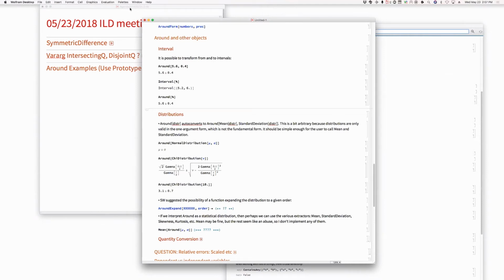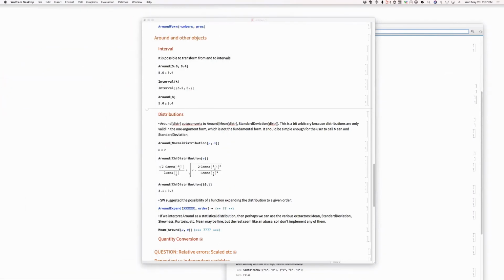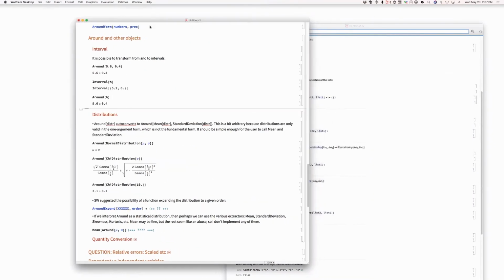Yeah, I understand. Well, but so what? Yeah, okay. It would matter in the moment you try to get probabilities out of it. Yeah, but no, so do we have any ability to convert from an around to a distribution? Not right now.